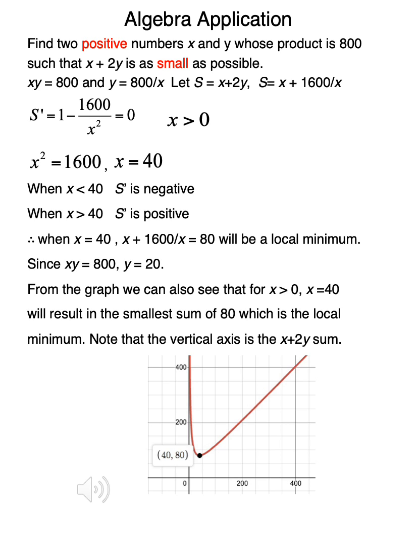So the values for the numbers should be x is 40. And of course, since xy equals 800, that means y, the other value, will equal 20.